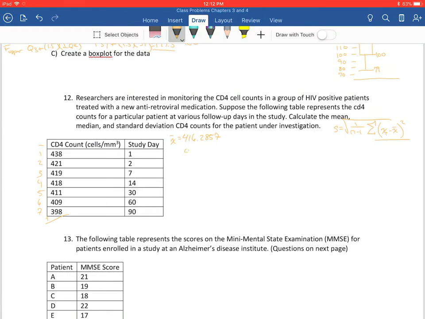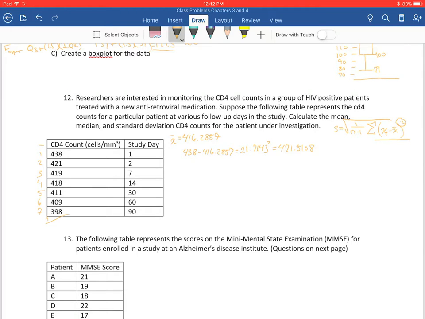So you take your data point of 438 and subtract it from 416.2857. It gives a value of 21.7143. You're going to square that, because that's what we're doing here. When you square 21.7143, you get 471.5108.